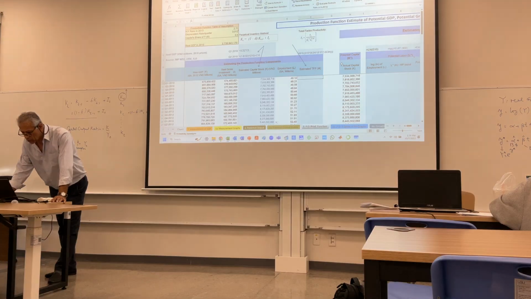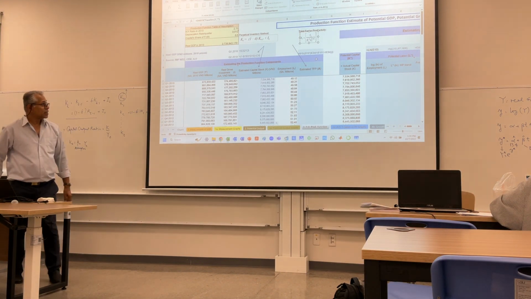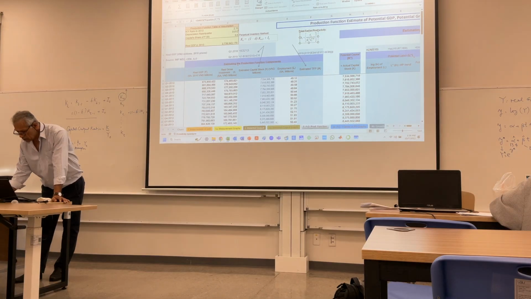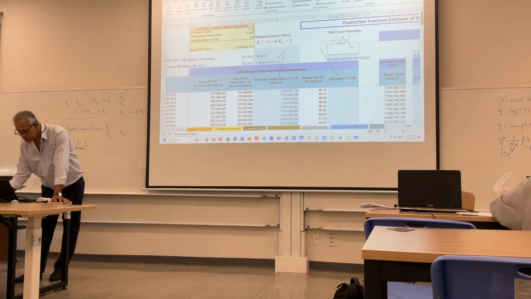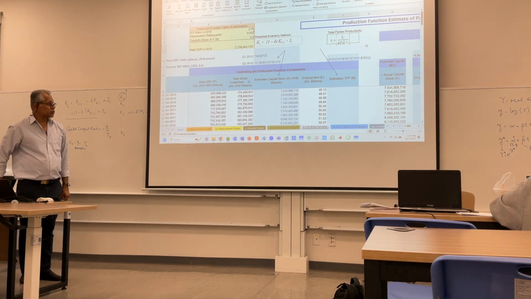Once I have those components, I can calculate the total factor productivity using this formula here. This is just my production function.